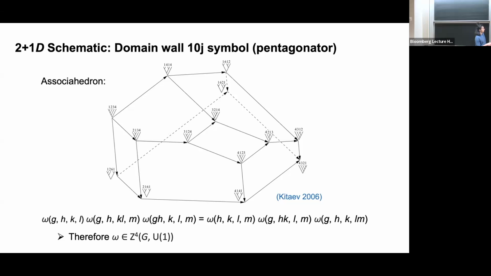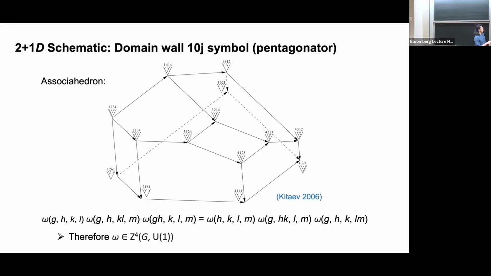Every vertex of the associahedron now corresponds to a spatial domain wall configuration. All of the edges of the associahedron are oriented, and there are 2 special vertices. The first one is this point here, for which all the arrows are outgoing. The second special point is this point here, for which all of the arrows are ingoing.